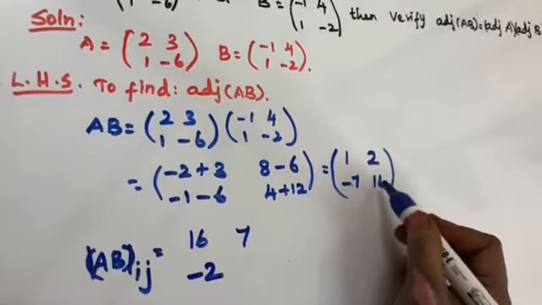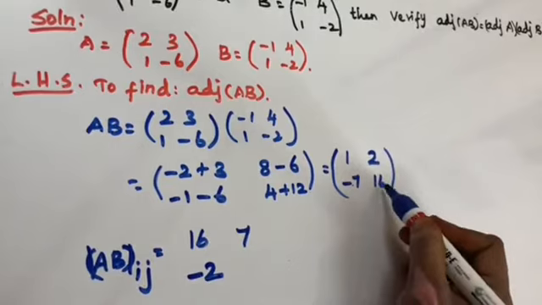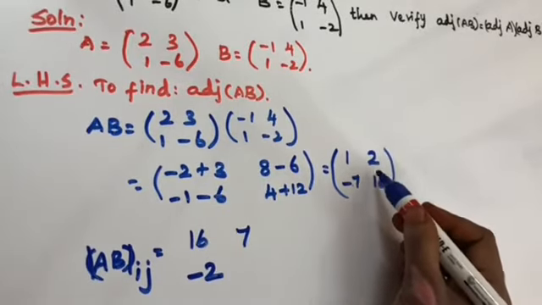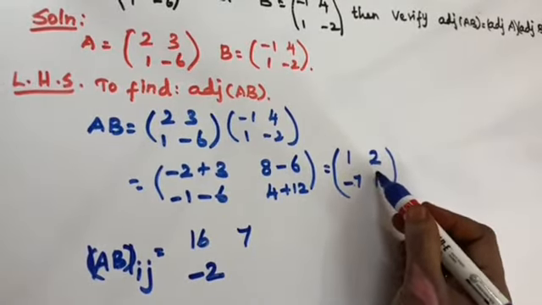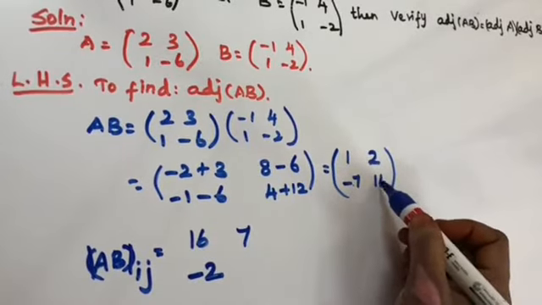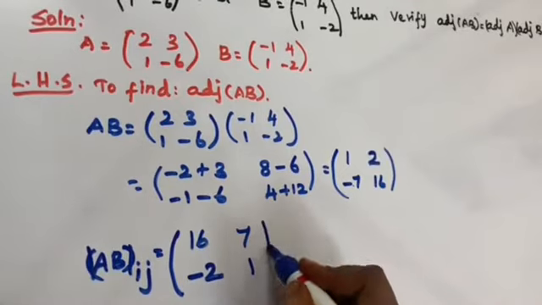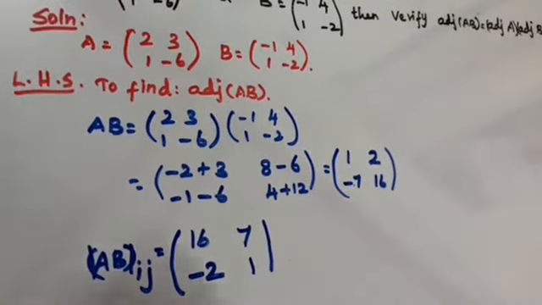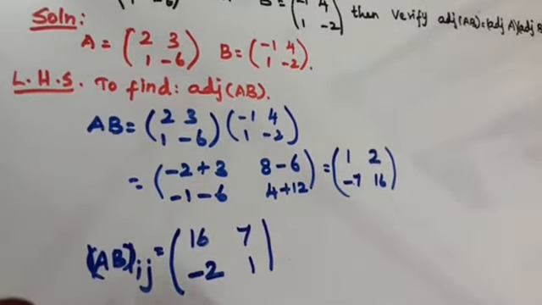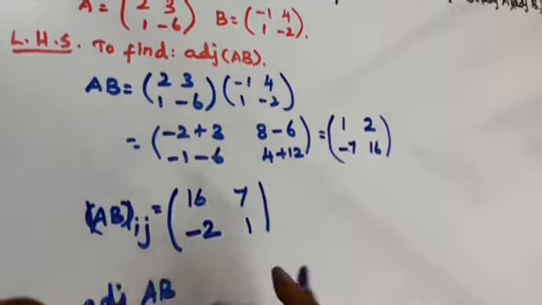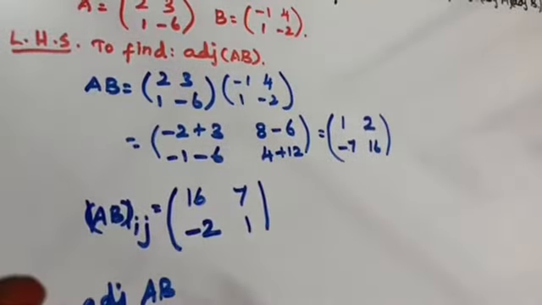Similarly, the cofactor of 16: it is in the second row, second column, so 2 plus 2, minus 1 power 4 comes. Okay, so the minus will vanish. So the cofactor of 16 is 1. Can you understand this? Now, adjoint of AB, you can write it as you wish.